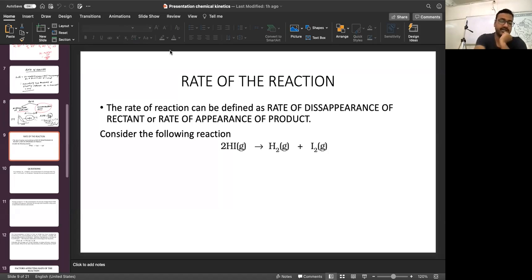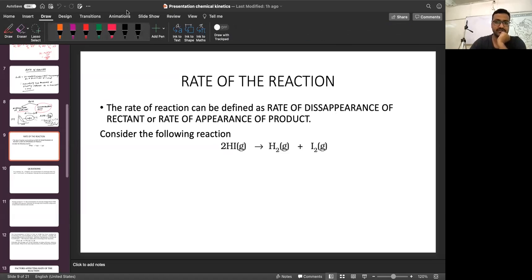the rate of the reaction, suppose the reaction which is displayed is the conversion of hydrogen, it is a dissociation reaction. It is not actually the dissociation reaction, but it is a conversion of hydrogen and iodine from HI.